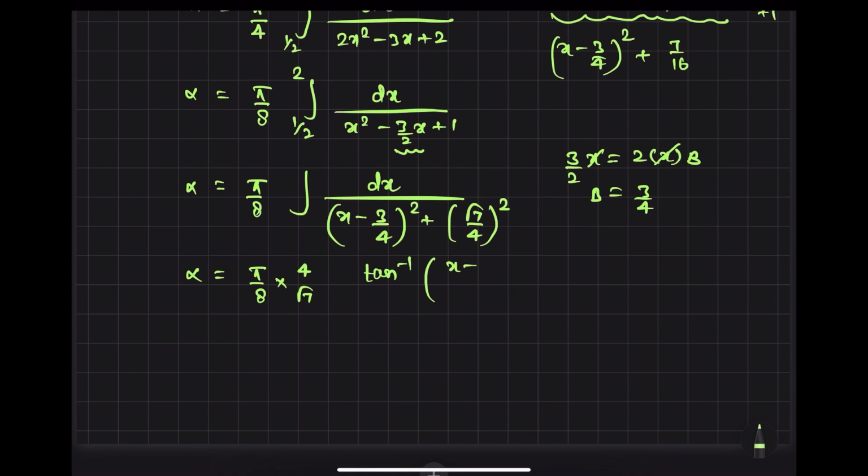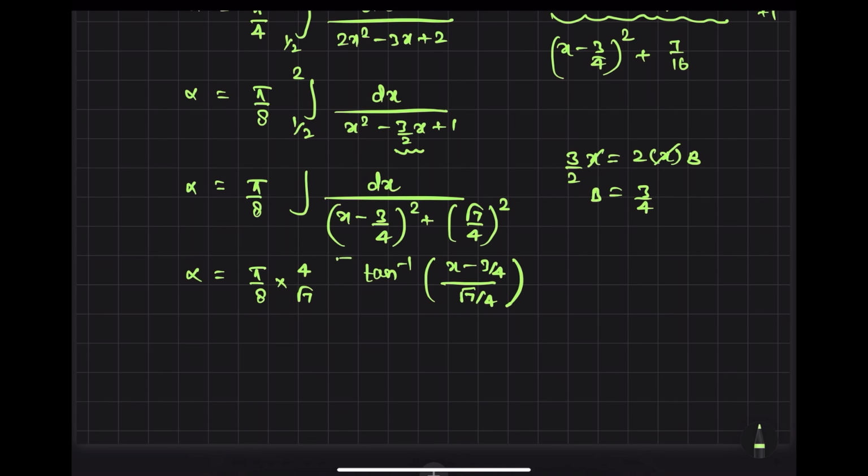Who is x? x minus 3 by 4, divided by root 7 by 4.